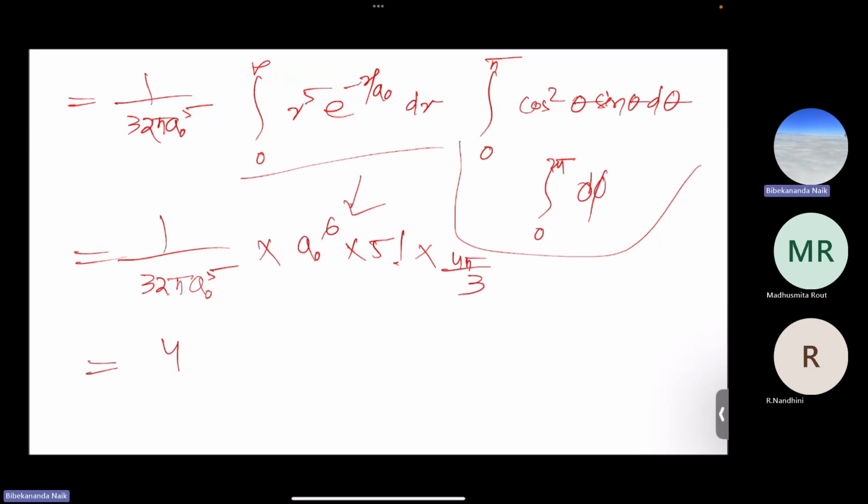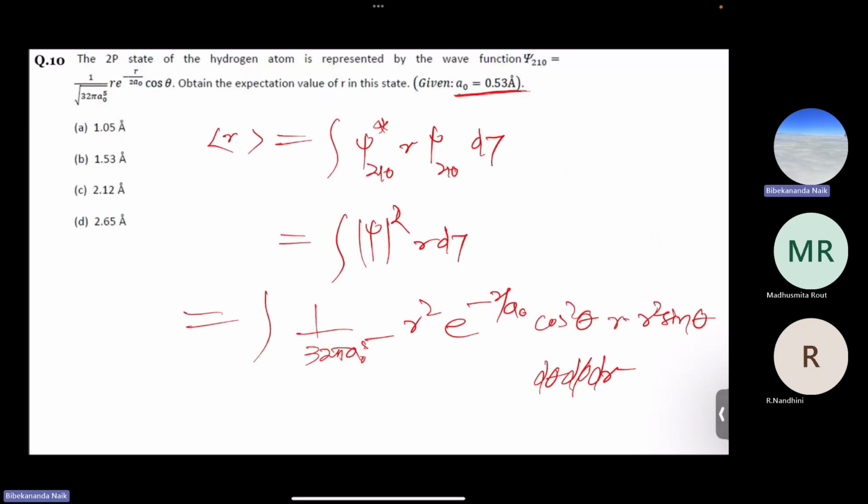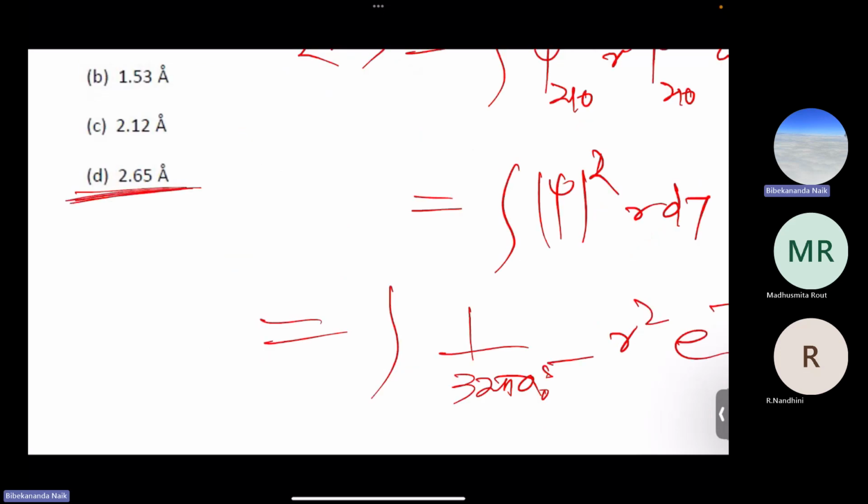So it will be 4 into 5 into 4 into 3 into 2 divided by 32 into 3, which will give you 5 a0. So 5 into 0.53 will give you 2.65 Angstrom. So the correct option will be option D, 2.65 Angstrom.